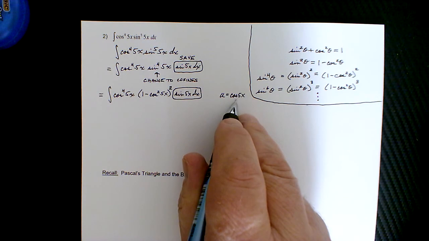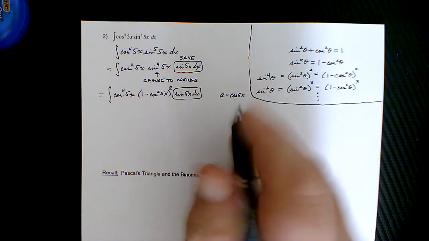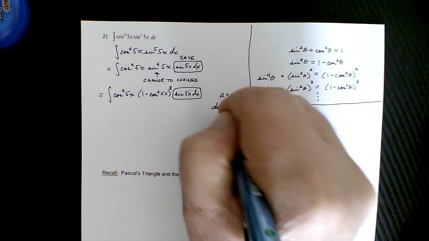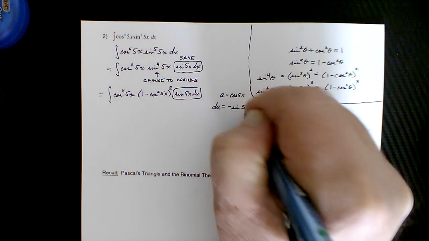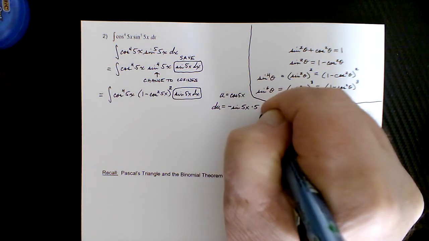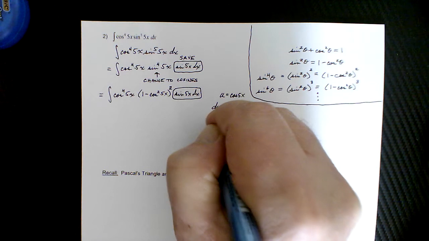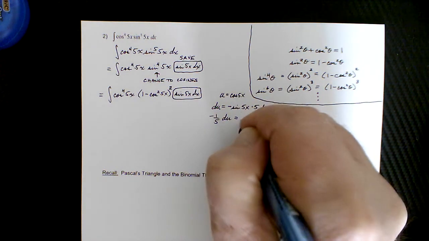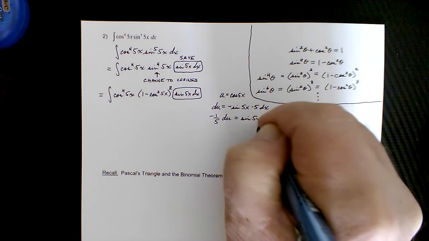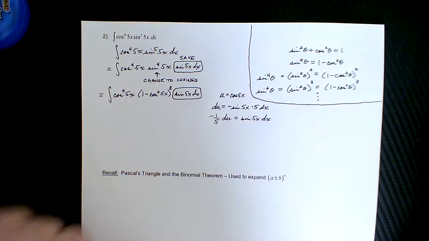Okay, so u is cosine 5x. Never the power. du is, okay, be careful, minus sine 5x, don't forget times 5, differential dx, modify, we get minus 1/5 du is sine of 5x dx.